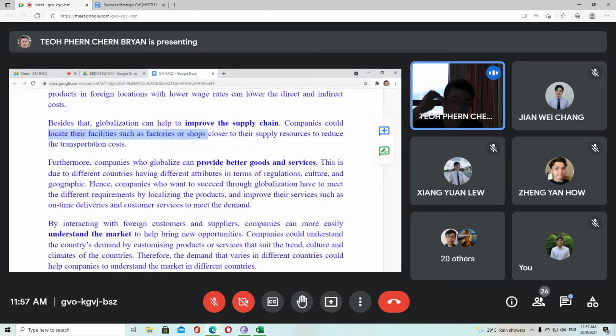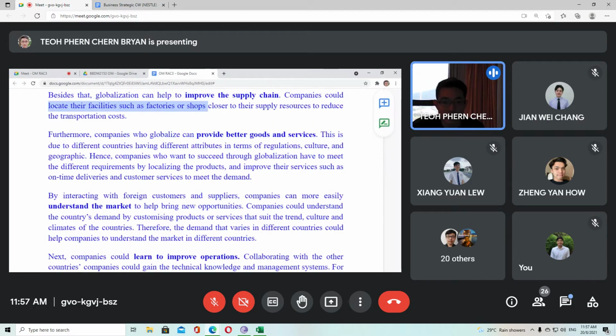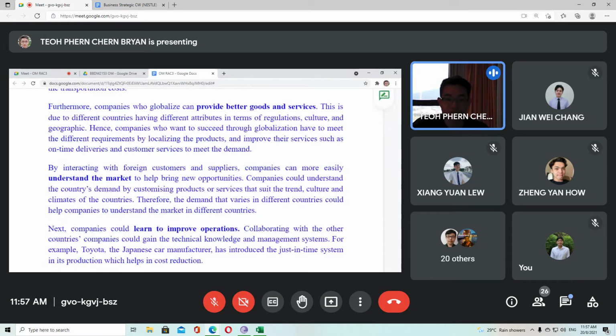Better location, closer to the customers or closer to the supply. In your assignment, some of you wrote proximity to customers as a key success factor. That also works. You want to be close to your customers. It can also provide better goods and services, because sometimes you can buy better stuff from other countries.